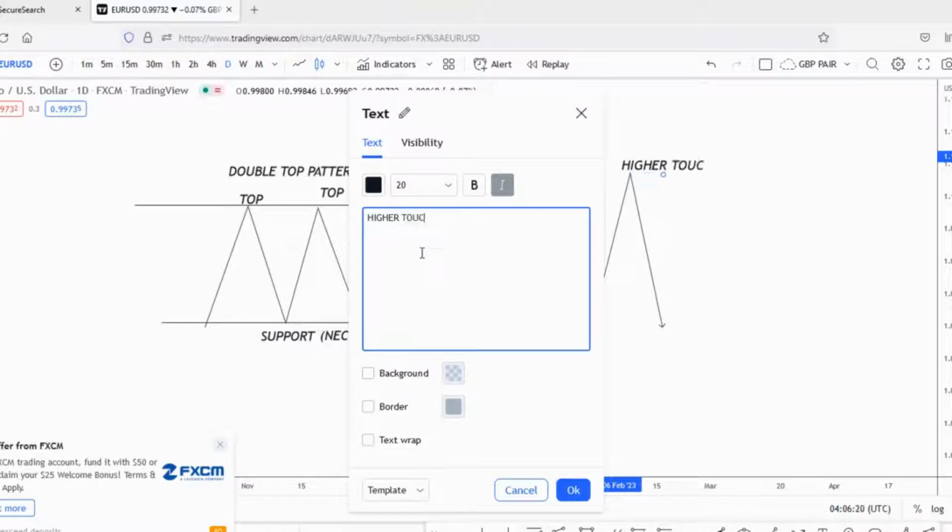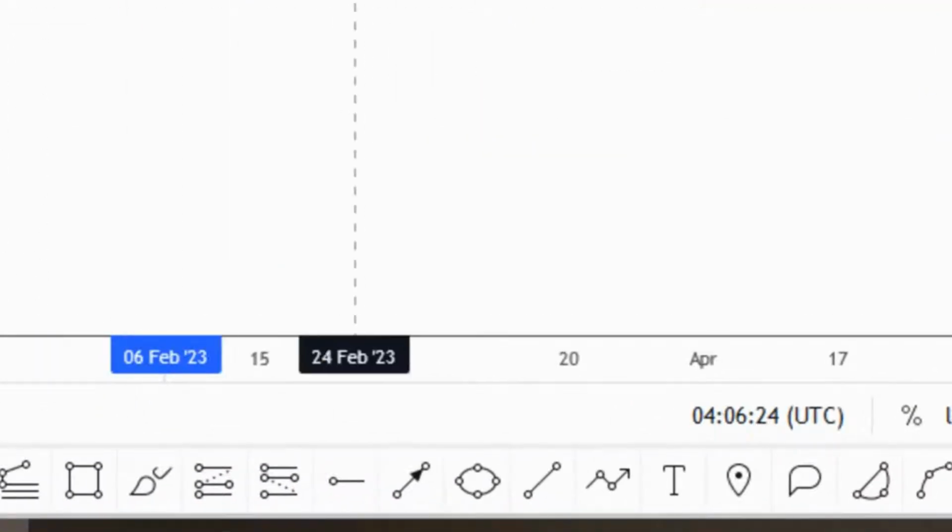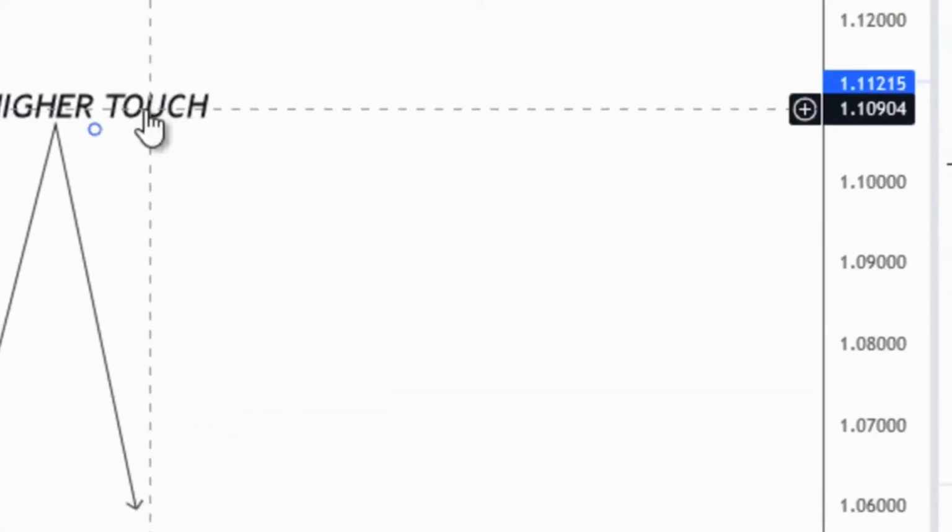That is, the right arm is having a higher touch.